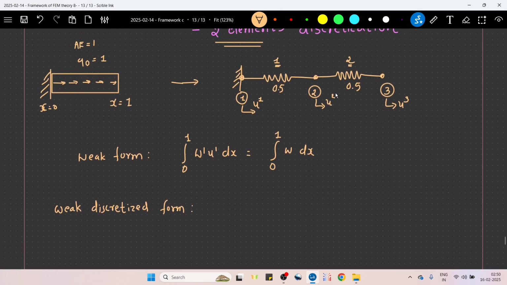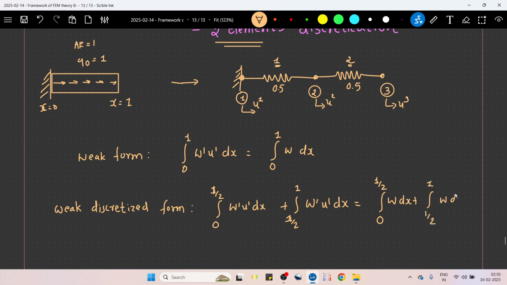So I will write the weak discretized form as integral 0 to 1 by 2 of w dash u dash dx plus integral 1 by 2 to 1 of w dash u dash dx, I should write 1 properly from now onwards, otherwise it will match with w dash and u dash, is equal to integral 0 to 1 by 2 of w dx plus integral 1 by 2 to 1 of w dx. So this is our weak discretized form.